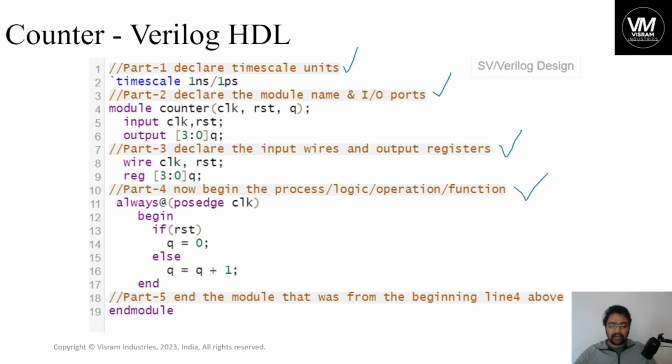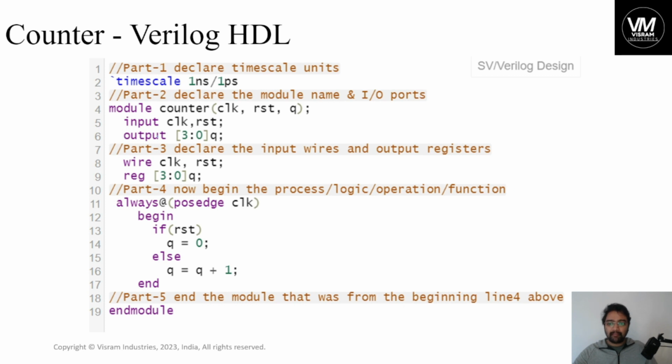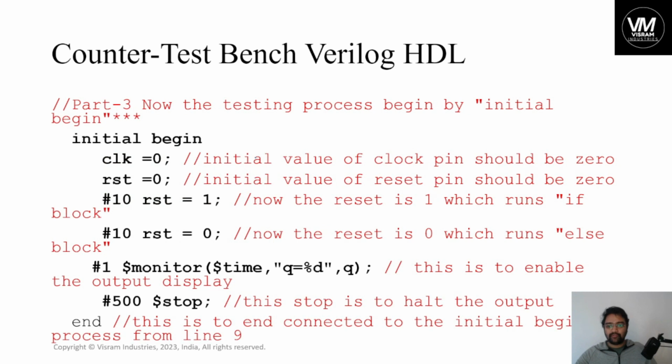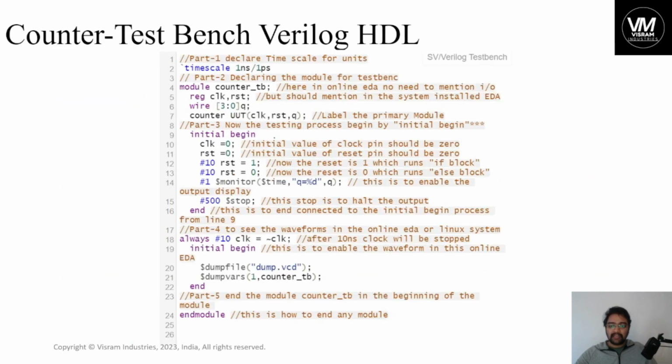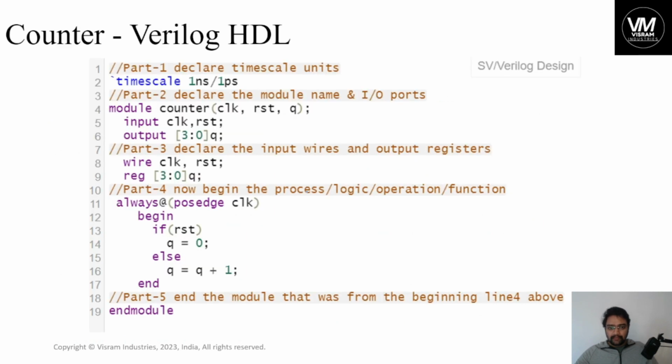So what is part 4 called? Everything I have declared, take a screenshot of it. Why? Because we will be implementing this counter and also the test bench Verilog HDL code for the counter on the EDA online platform in tomorrow's class. So this is the Verilog HDL example for the counter.